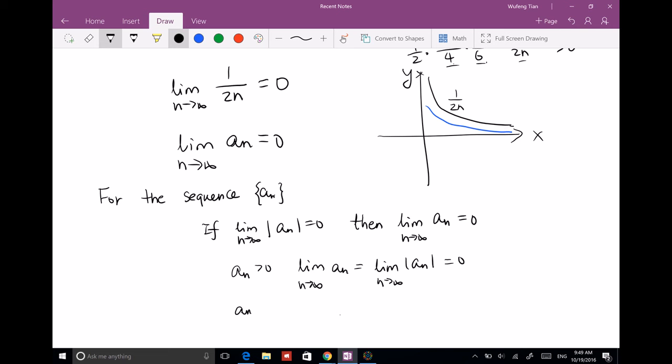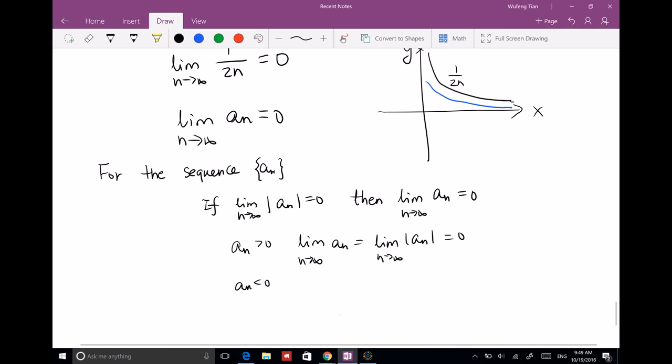If a_n is less than 0, it does not matter, because the limit of a_n equals the negative of the limit of the absolute value of a_n, because it's negative. Now this is positive, add negative is negative. Since this is 0, the negative of 0 is still 0. That makes sense, right? It's just a very simple proof.